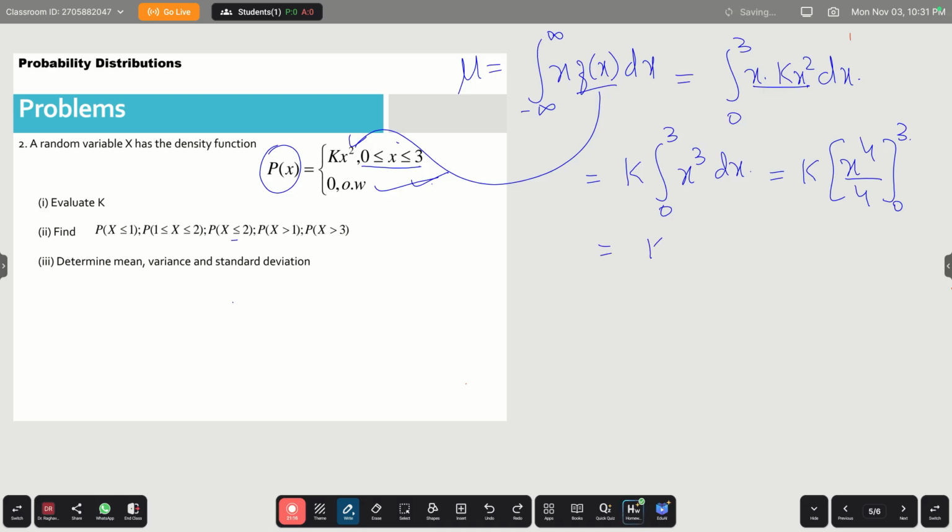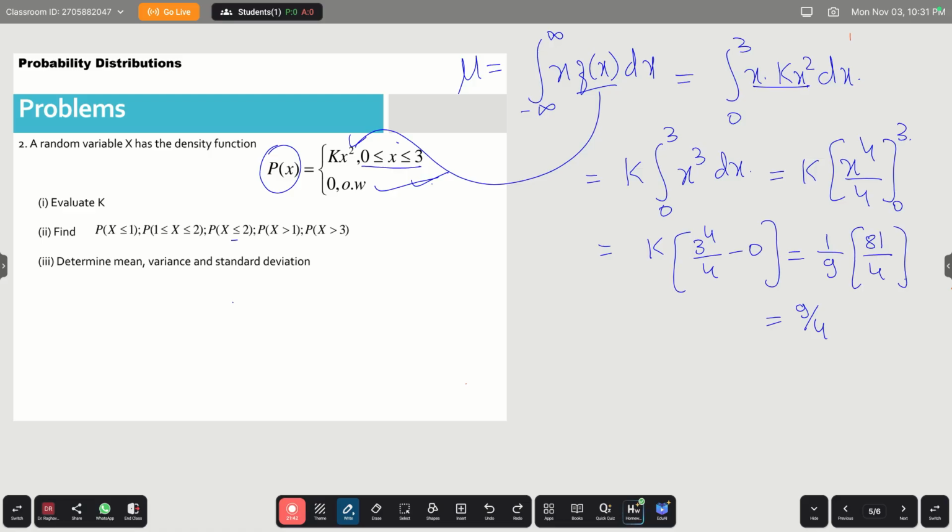So this is k into the upper limit 3, so 3 power 4 by 4, minus the lower limit 0. k is 1 by 9, into 3 power 4, which is 81, divided by 4. So 9 nines are 81, and 9 divided by 4 will be the mean.